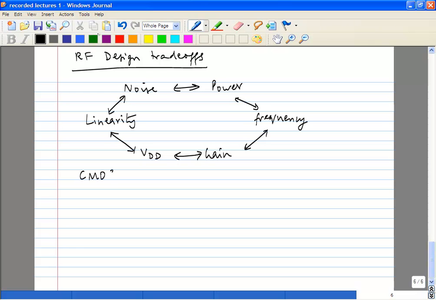So the next thing you'll find is, in this course, most of the work we do will be in CMOS. Why? So the traditional reason is, in the case of digital circuits, you have several advantages.